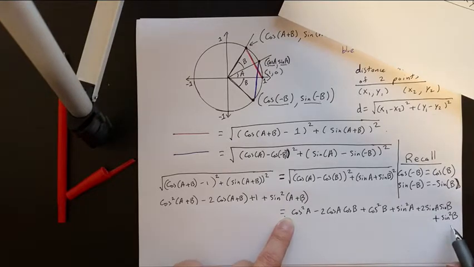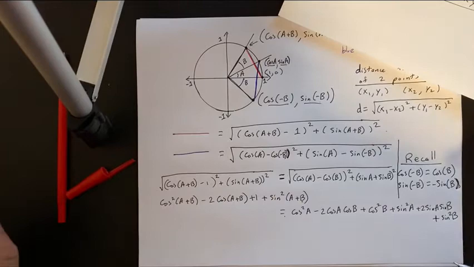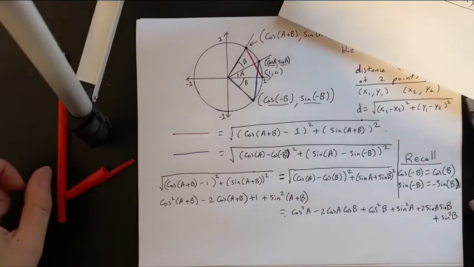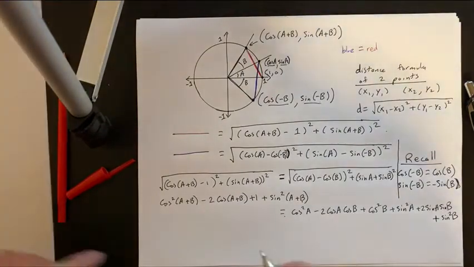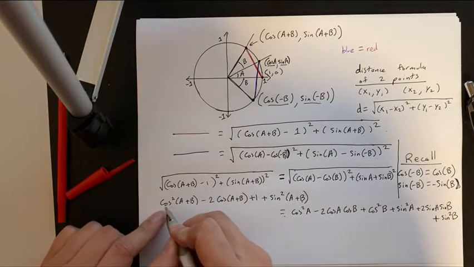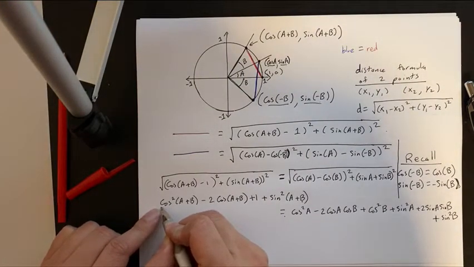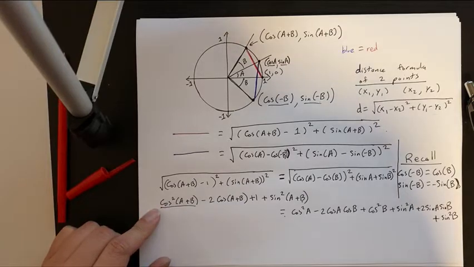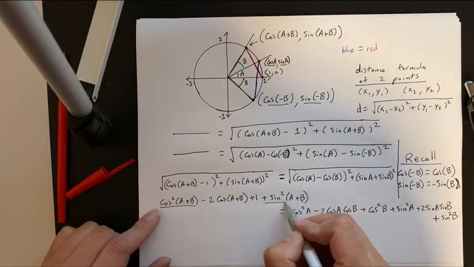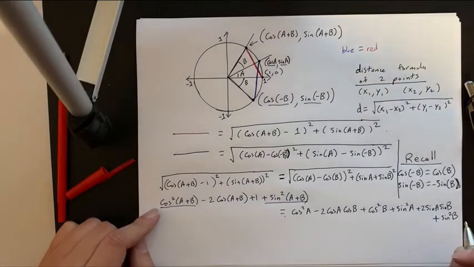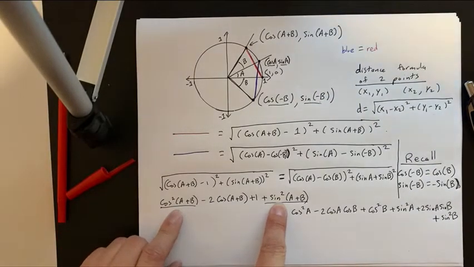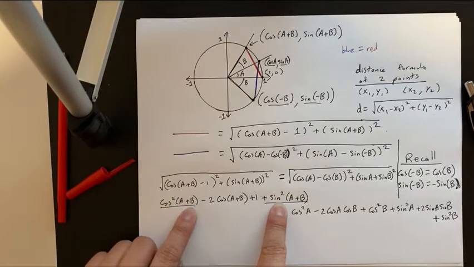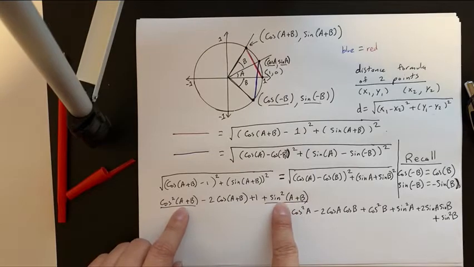But now we can actually apply a lot of trig identities, and this will clean up very nicely. So first off, if you guys notice, here is cosine square of a plus b plus a sine square of the same angle, which is a plus b. And we have this Pythagorean identity where if you have a sine square of an angle plus cosine square of the same angle, it is equal to 1.